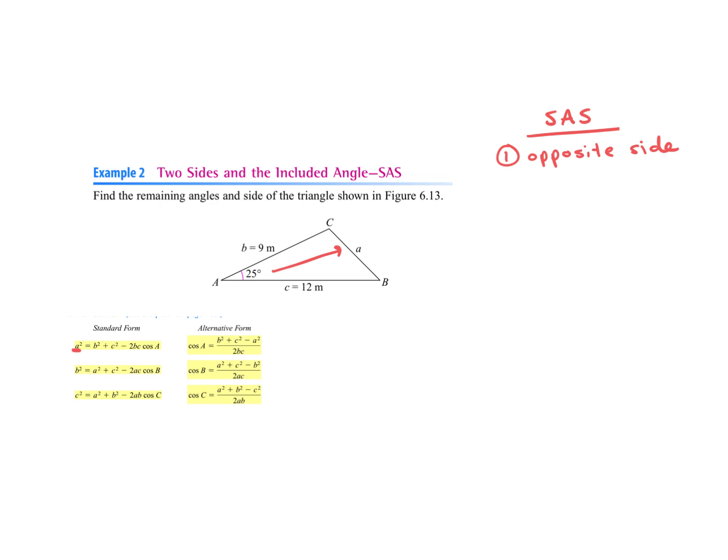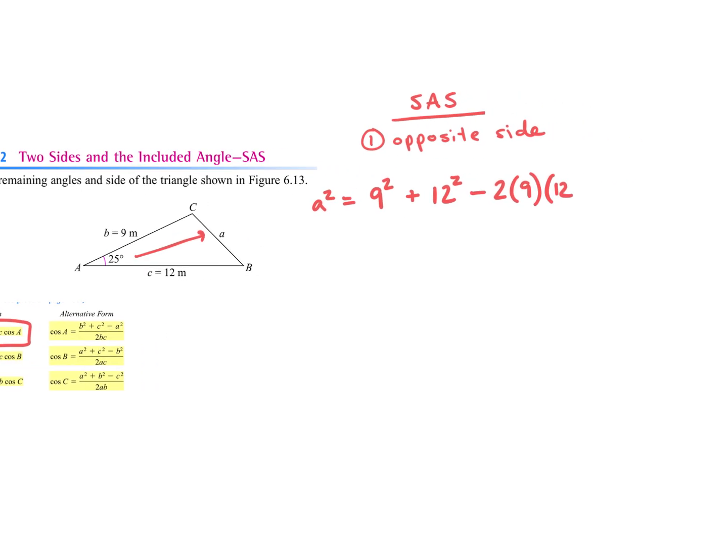Standard form is when we want to solve for a side. So I'm going to use the first formula, because we're looking for A. So we have A squared is equal to B squared, which is 9 squared, plus C squared, which is 12 squared, minus 2 times B, which is 9, times C, which is 12, times cosine of A, which is 25.